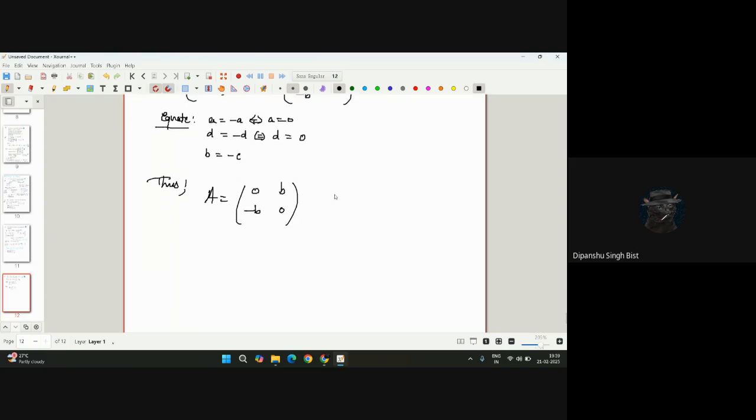Okay. So from here, we know that it's very easy: b belongs to R. So the dimension is going to be 1 only. And even if you try to write the basis, I can represent 0 b minus b 0 as b times (0 1 minus 1 0).